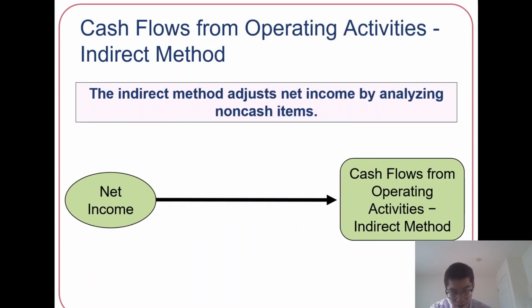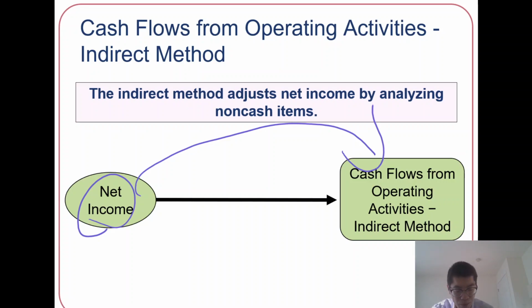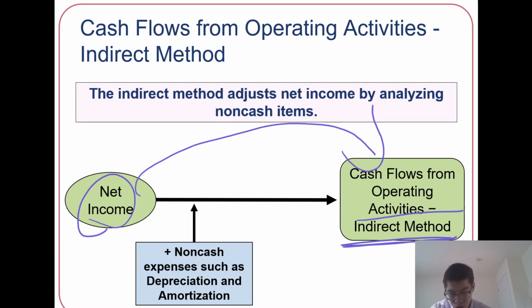So here is the formula for us to transform net income all the way into cash flows from operating activities using the indirect method. First, we have to add back non-cash expenses.